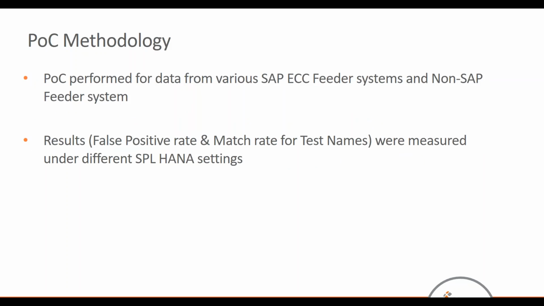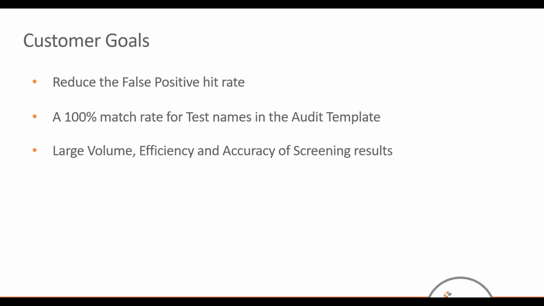And last but not least, with this huge volume of business partners, the other issue was the accuracy and the efficiency of the screening. So with all these three issues, they wanted to go with SPL HANA, which promises a robust and more efficient screening at a much faster rate.